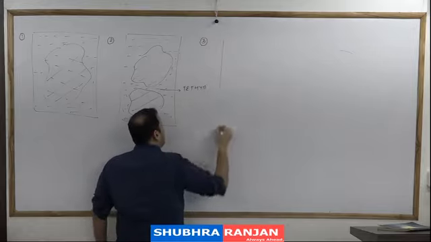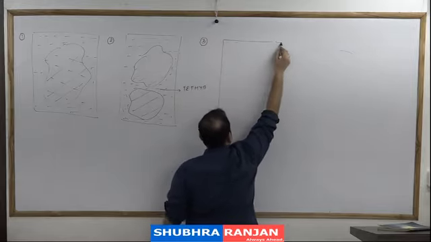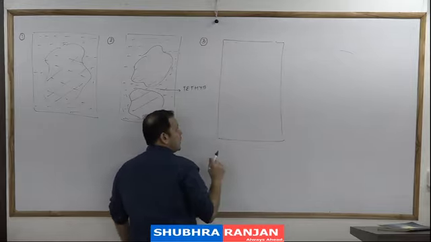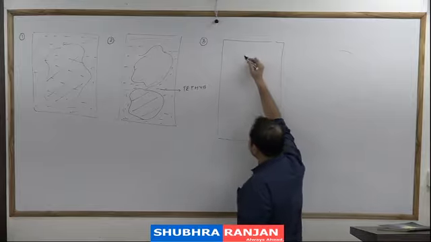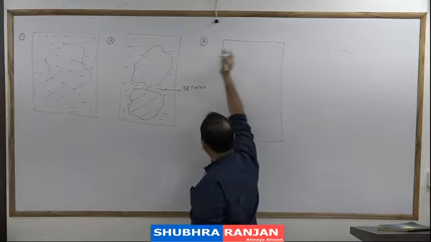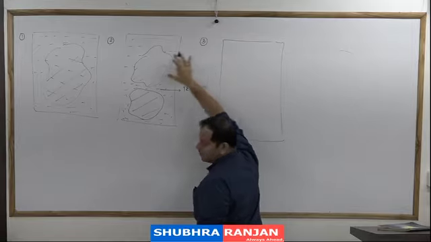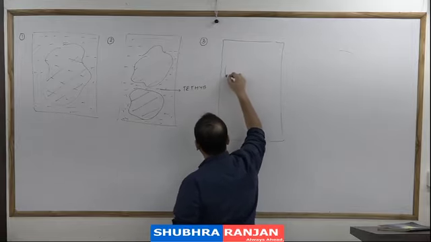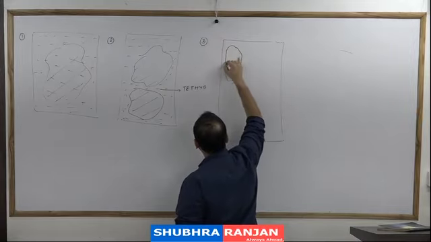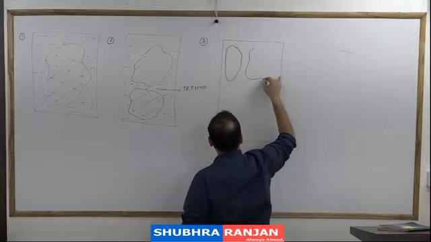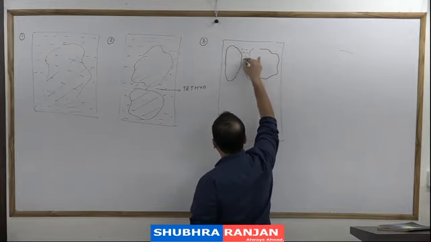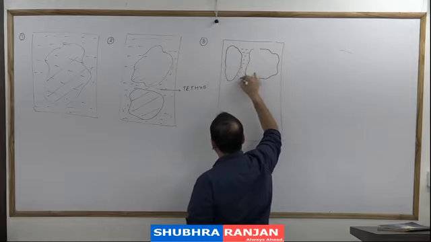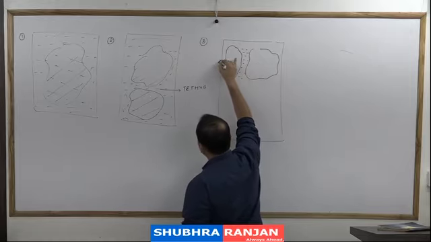Then afterwards, there were two ways that the continents started moving, either northwards or southwards. Laurasia, after breaking into two parts, the northern part became North America and the rest remained as Eurasia, that is Europe and Asia, and this resulted in the formation of the Atlantic Ocean, and this started moving towards the west.